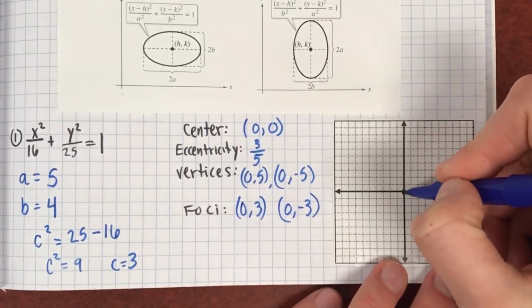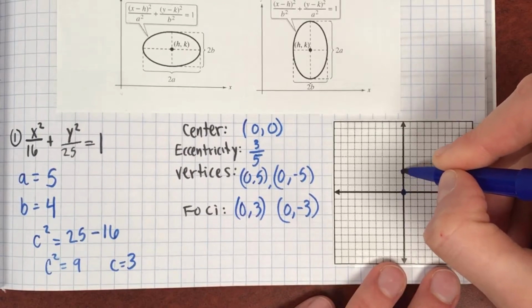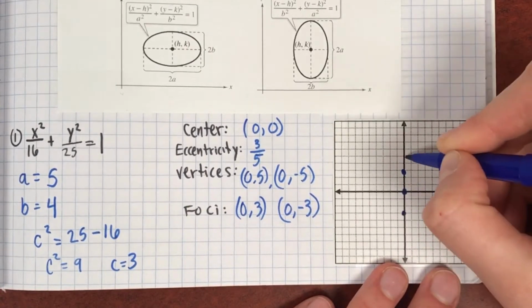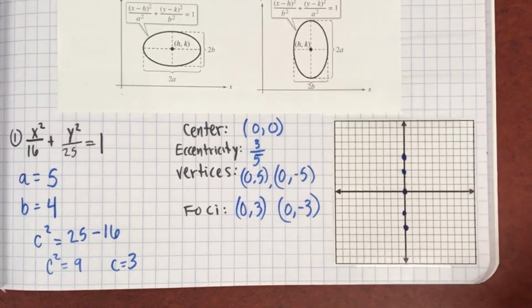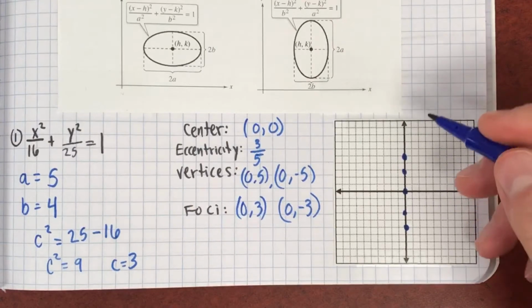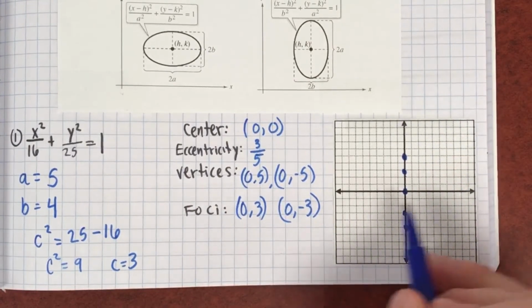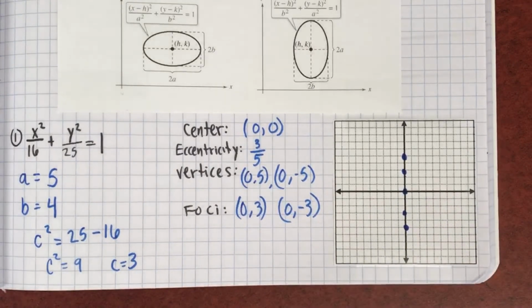I know where my 0 is. I'm going to go ahead and plot my foci and my vertices. My vertices are on the major axis, and I can plot my other points that make this by using my b value.